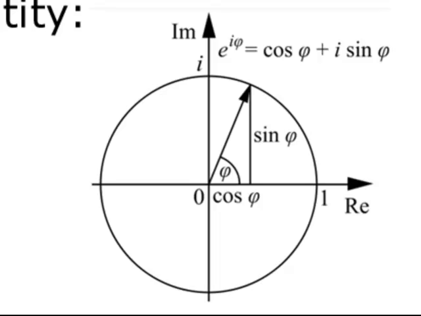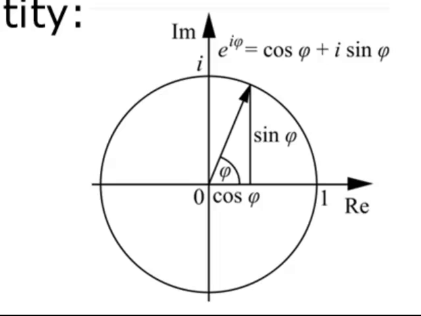It's on the complex plane, so real values on the horizontal axis, imaginary values on the vertical axis. And if we draw a line, a vector, it has a real component of cosine phi and an imaginary component of sine phi, and it's on a unit circle, so it has a magnitude of 1.